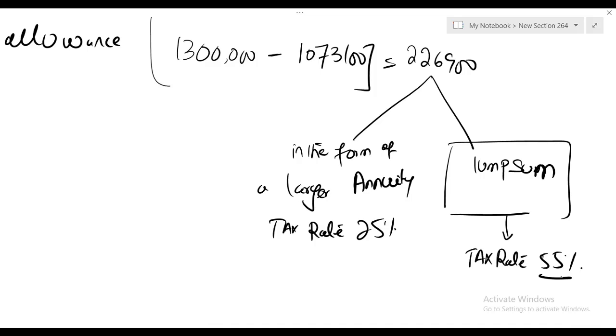So the question is, why have they put such a high rate, 55%? Just to discourage people, so they don't take such a big amount as lump sum. Even at retirement age, HMRC wants you to spend money wisely.